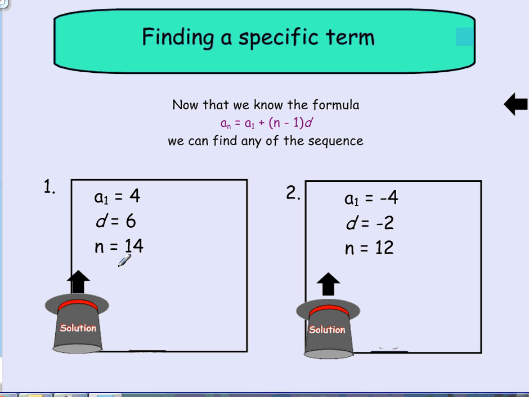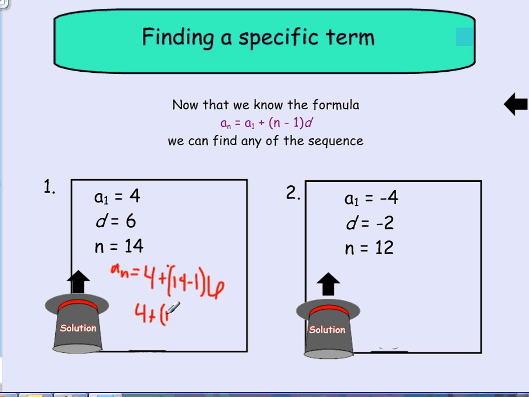So I have a_n equals 4 plus my n, which is 14, minus 1 times my d, which is 6. All right, use my order of operations. So I'm going to do the stuff inside the parentheses first.